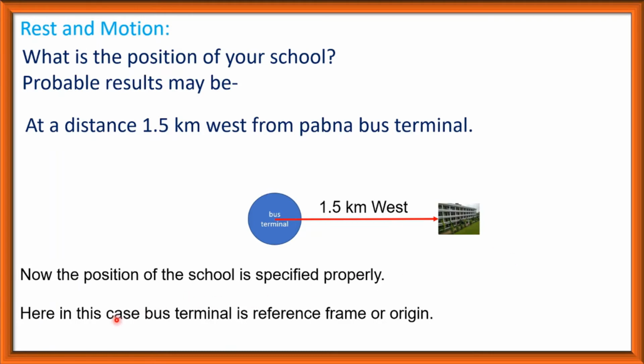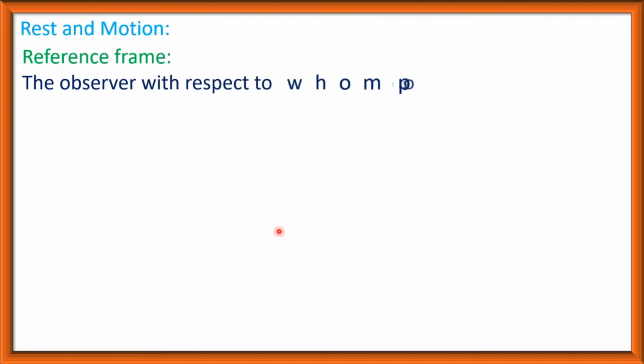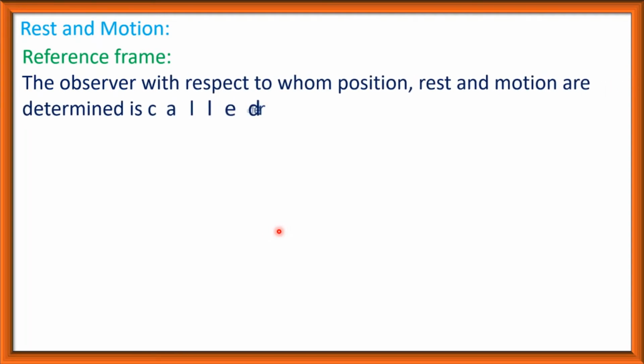Here in this case the bus terminal is the reference frame. That is, we have measured the distance of our school from the bus terminal. So the bus terminal is the reference frame or origin. So you can say reference frame: the observer with respect to whom position, rest and motion are determined is called reference frame.